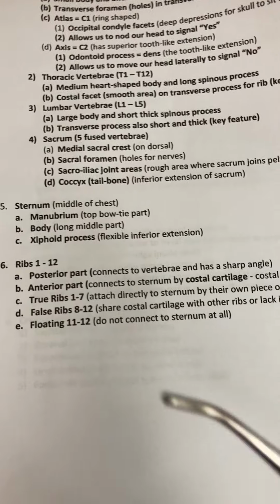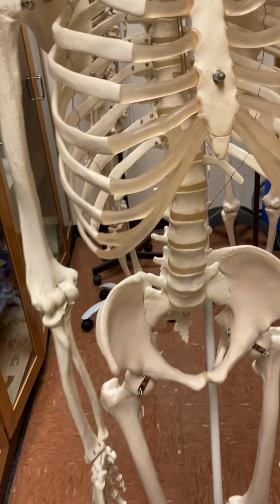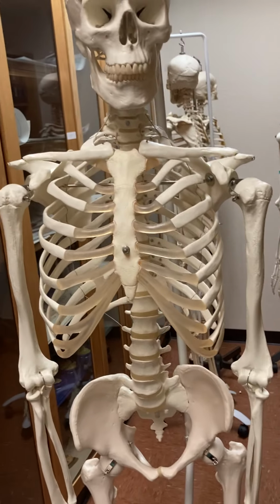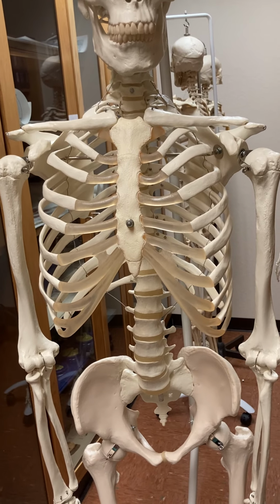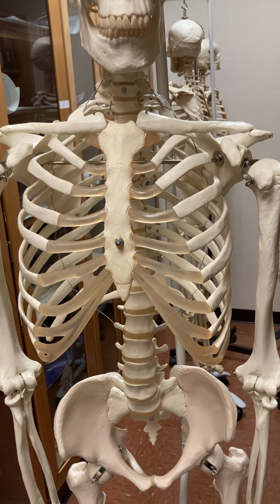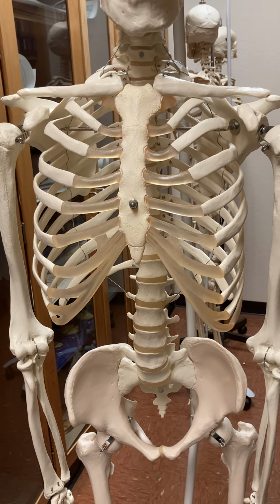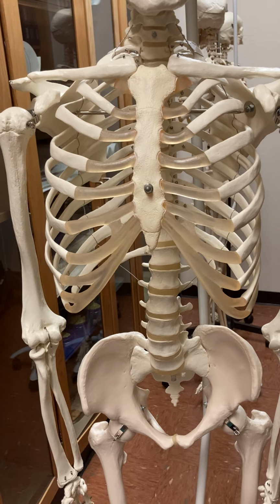But I'll point out here that floating ribs are false ribs. Let's look at it. True ribs have to have cartilage that connects directly to the sternum. False ribs have cartilage that connects to cartilage of the true ribs.